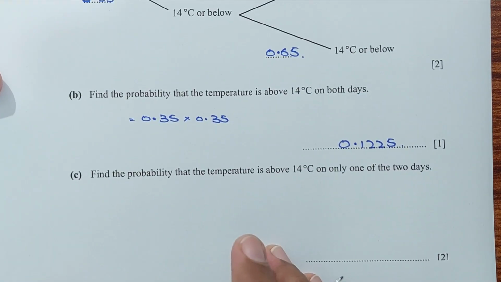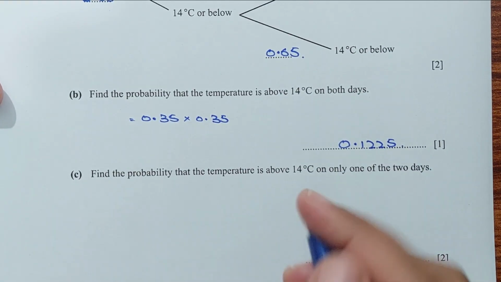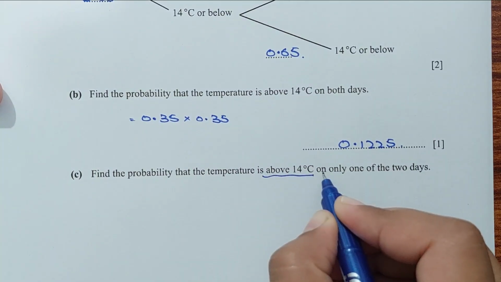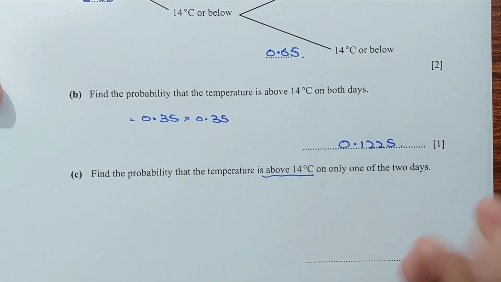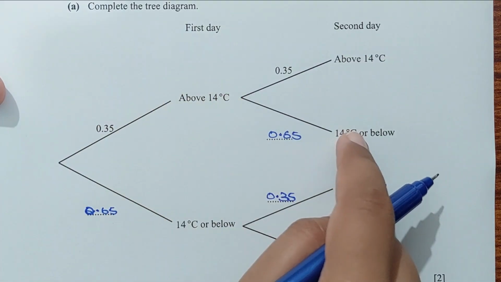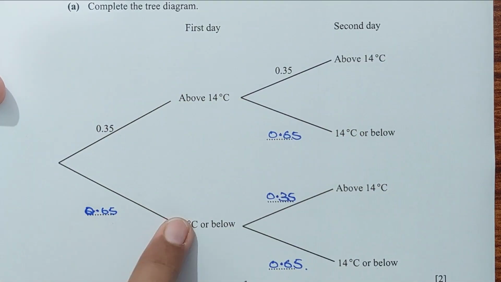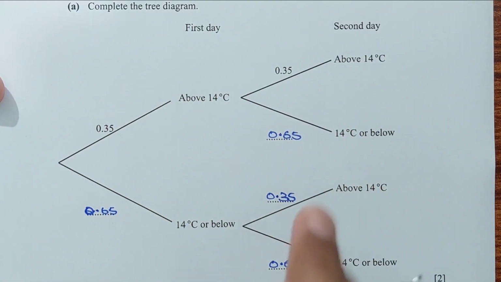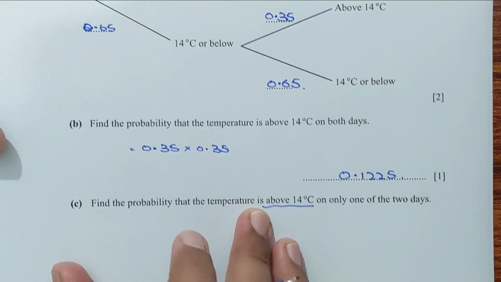Now for part C, find the probability that the temperature is above 14 degrees Celsius on only one of the 2 days. Only one day. So above 14 and below 14, or below 14 and above 14. So we have 2 combinations here.